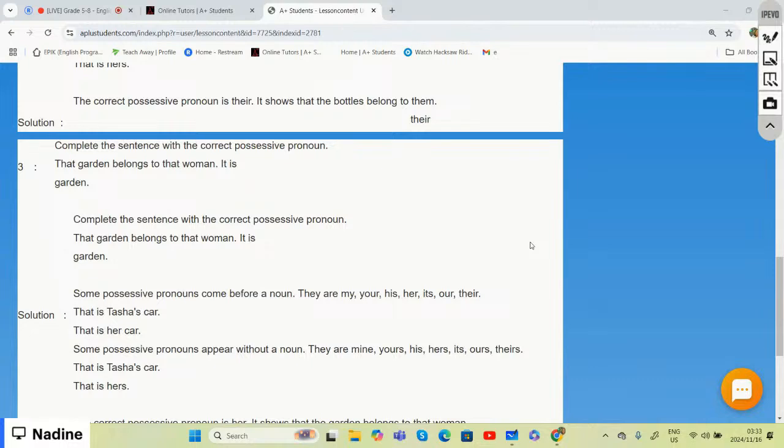If the garden belongs to that woman, then whose garden is it? It is garden. If we're referring to the woman, then what are we going to say? Are we going to say, it is my garden, it is your garden, his garden, it is her garden, it is our garden, or it is their garden? Which one are we going to choose?